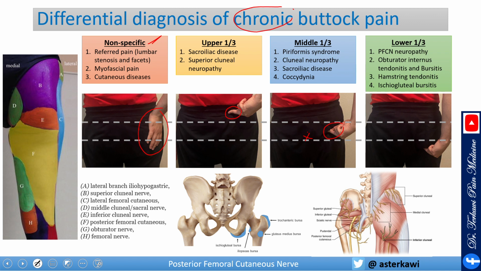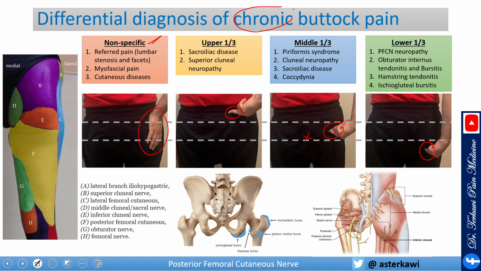What I found more classic is if the patient points to the lower third and puts their fingers at the gluteal fold. That can be posterior femoral cutaneous nerve neuropathy or obturator internus tendonitis and/or bursitis. Hamstring tendonitis can also present like that, and subgluteal bursitis.